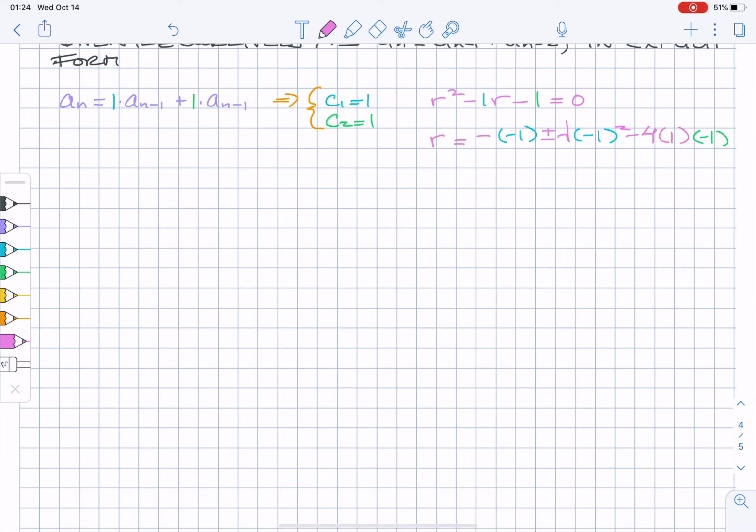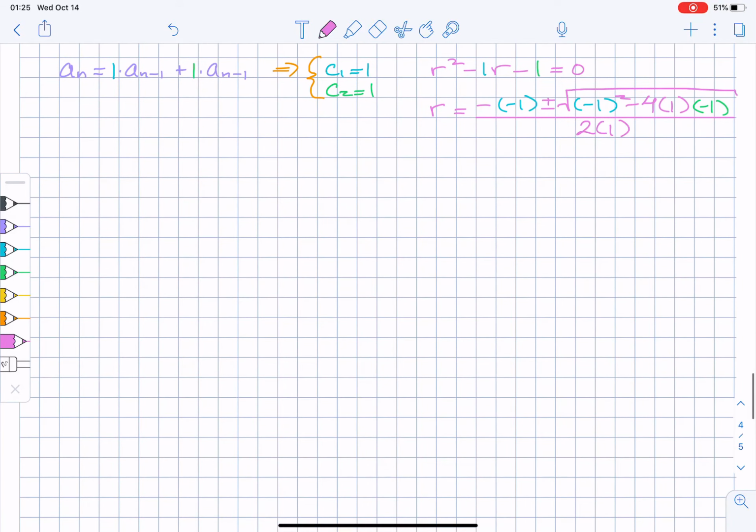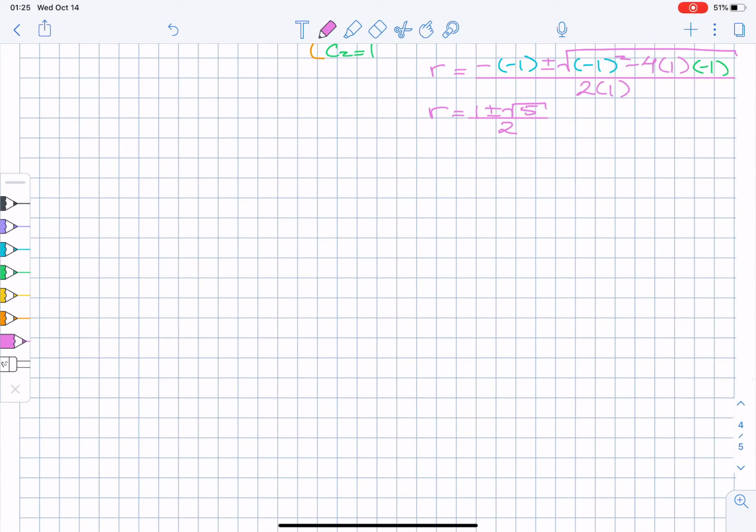This is underneath the radical. This is all over 2 times a, which of course is just 1. So we get that r is equal to 1 plus or minus the square root of 1 plus 4, which is 5, all over 2.